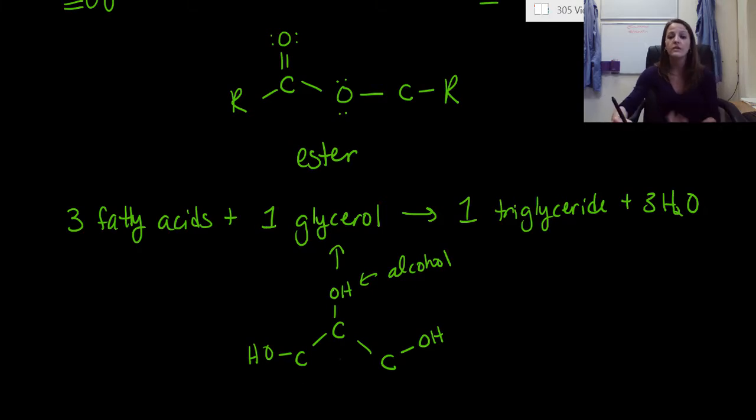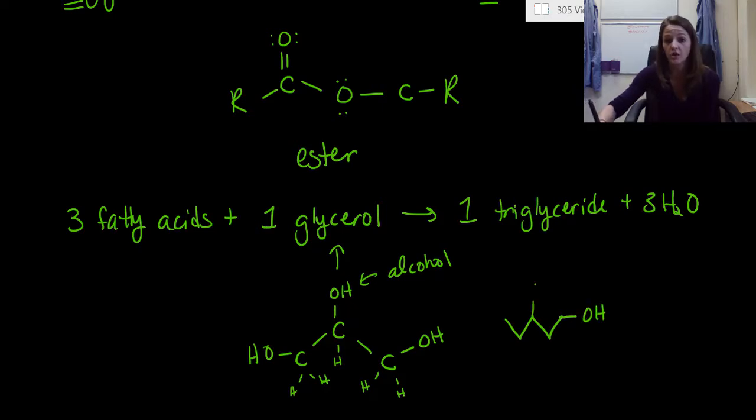Okay, so now we also know that carbon likes to have 4 things attached to it, or it likes to have 8 valence electrons. So in order to balance this, we need to make sure that we have all of our extra hydrogens on here. So it looks a little sloppy. A lot of time people just draw out glycerol like this, and then you just draw your OH groups on there or your alcohols on there. Okay, so a lot of times if you ever see that, we're indicating just a glycerol.